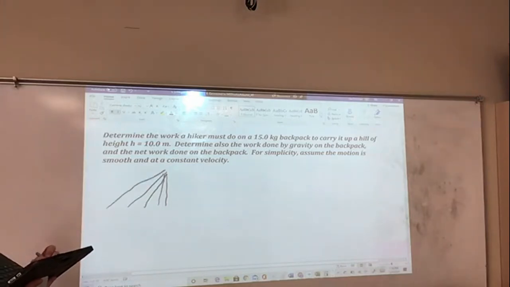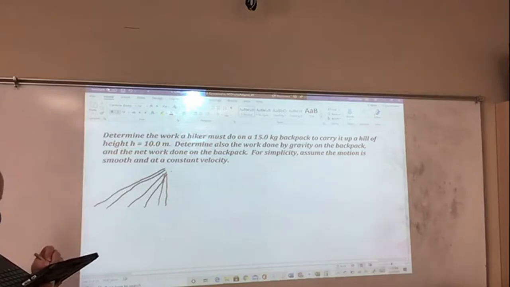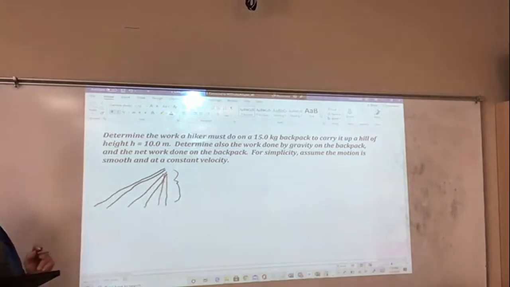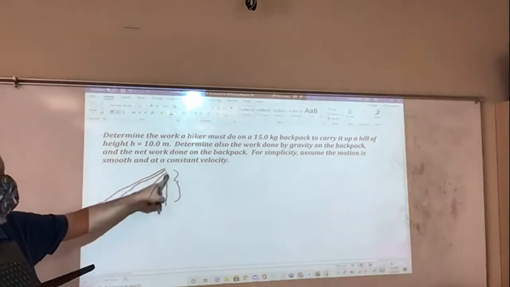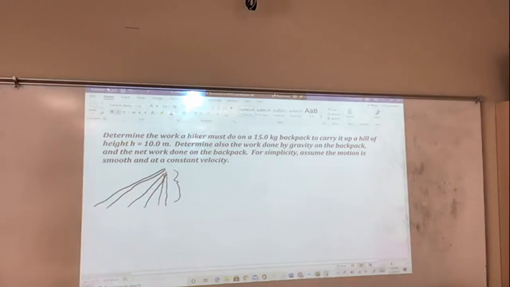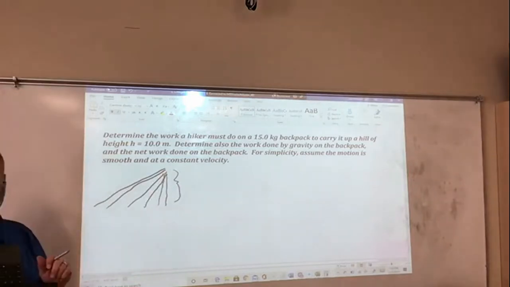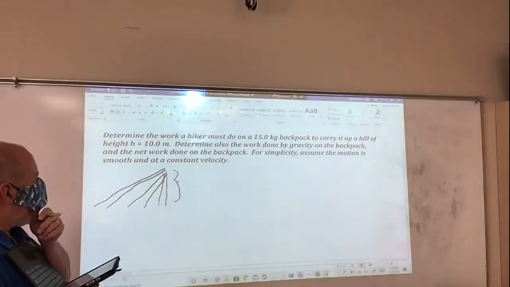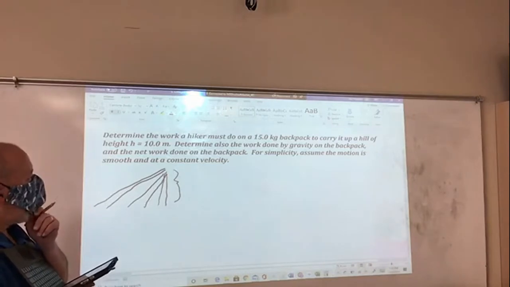The only thing that matters is that this height is 10 meters. I'm going to be doing the same amount of work no matter what angle I'm doing this at because of the addition of the cosine of theta to my formula. Okay, let's see if we can prove that.